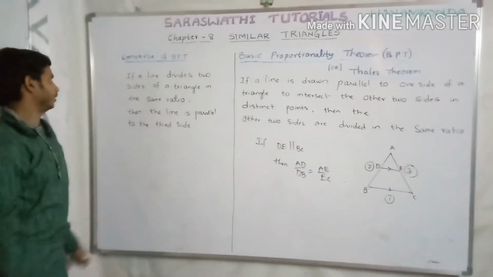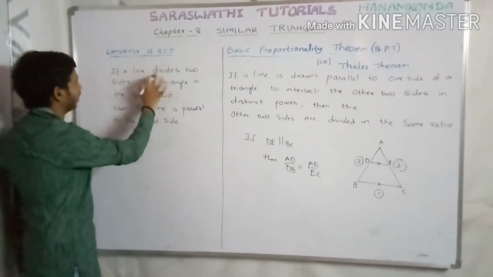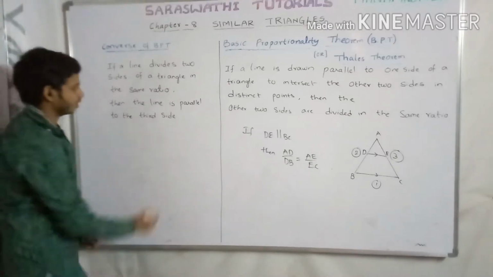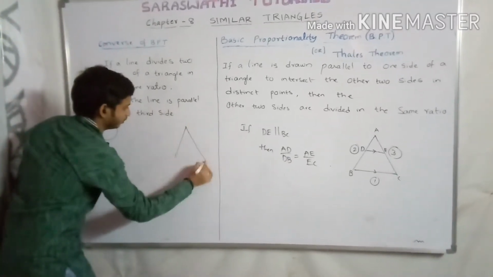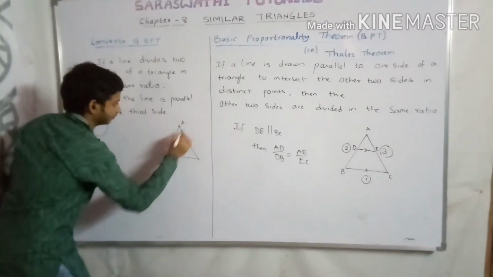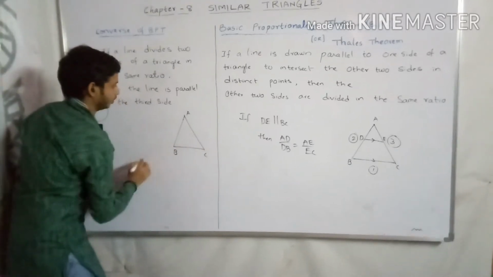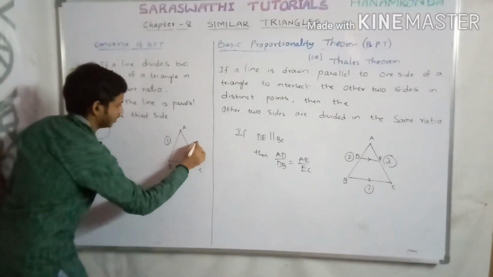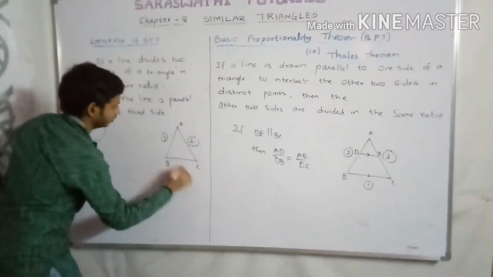Next, the converse of BPT. The statement is: if a line divides two sides of a triangle in the same ratio, then the line is parallel to the third side. Suppose we consider a triangle ABC. We consider AB as the first side, AC as the second side, and BC as the third side.